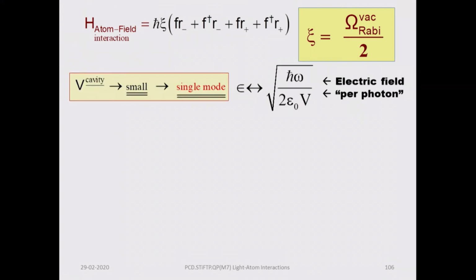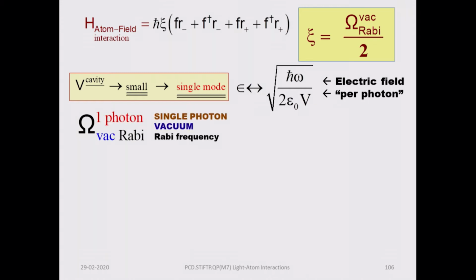So, now we are working with a single mode excitation in the cavity. So, you have got the Rabi frequency, it is called the vacuum Rabi frequency. It is sometimes also called the 1 photon frequency. Why vacuum?